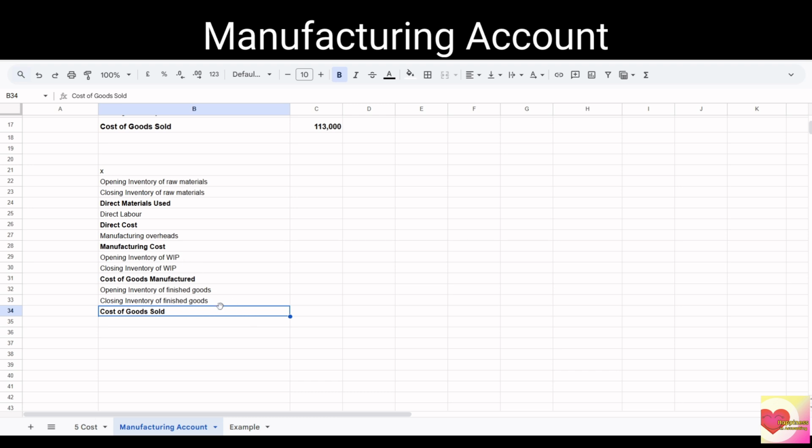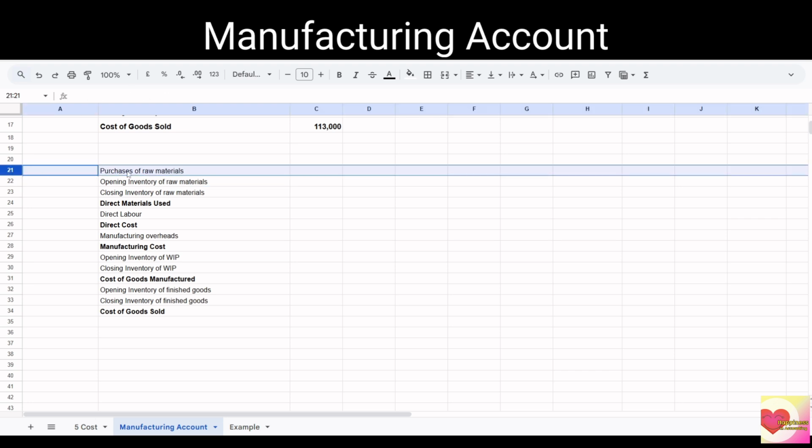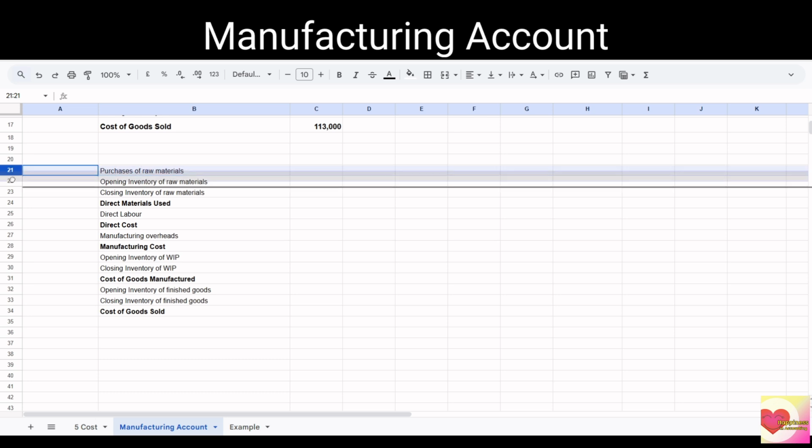And the last thing to remember is that the first one is special because it needs three items. So this item here stands for purchases. And this should go underneath the opening inventory.